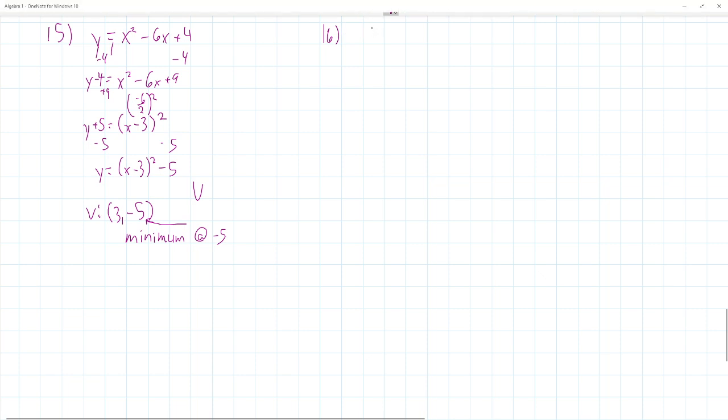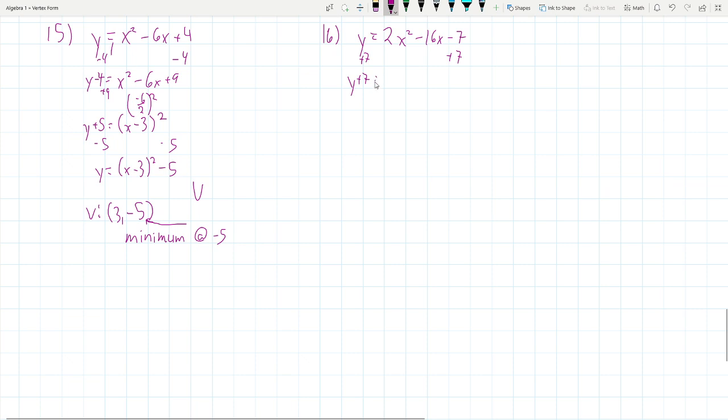If I do 16, y equals 2x squared minus 16x minus 7. Same thing, add 7 to both sides. So I got y plus 7 equals 2x squared minus 16x.